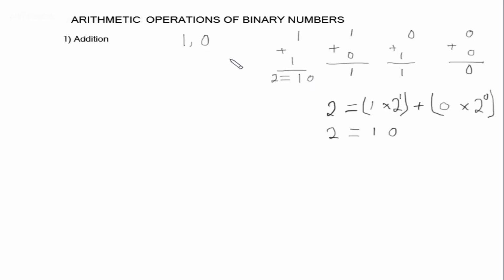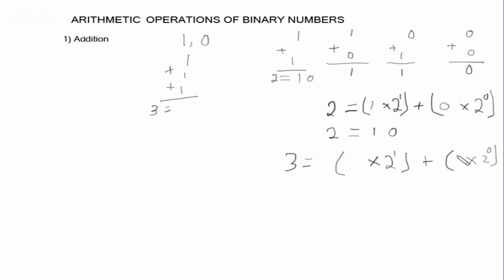Now another scenario which may come across is that sometimes we will get 1 plus 1 plus 1, which in the decimal number system gets us 3. Now what will be the representation of 3 in the binary number system? We will do the same thing. Starting from the rightmost, we have 2 raised to power 1 and 2 raised to power 0, each with coefficients.